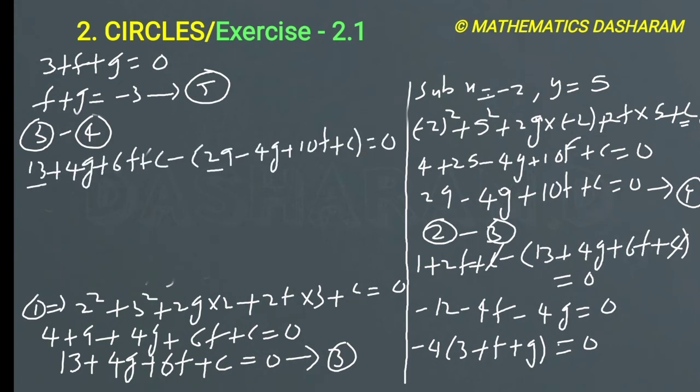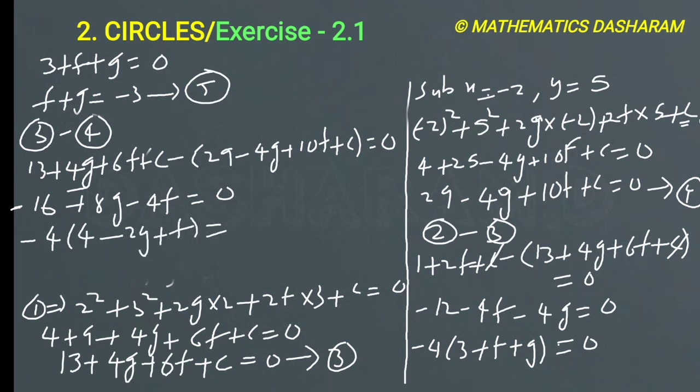So 13 minus 29 is minus 16. Next, minus 4g minus minus 4g becomes plus 4g, so 4g plus 4g is 8g. 6f minus 10f is minus 4f, and plus c minus c cancel, equals 0. Now take the minus 4 common. 4 minus 2g plus f equals 0. So the equation is f minus 2g equals minus 4, equation 6.